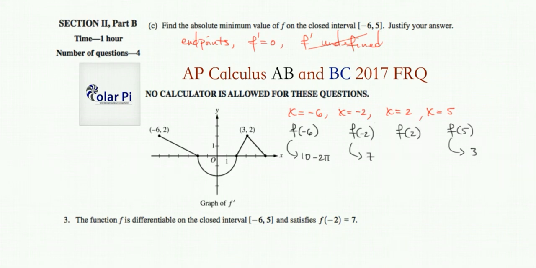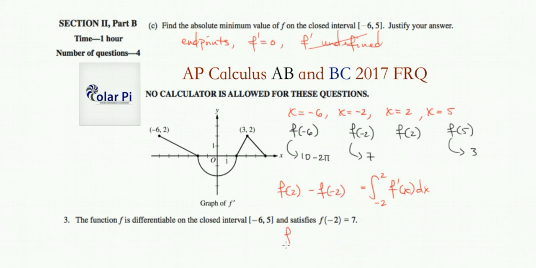And we're going to find f of 2 the same way that we found f of -6 and f of 5 in part A. That is, since we're looking for f of 2, we're going to write that the integral from -2 to 2 of f prime of x dx is equal to f of 2 minus f of -2.